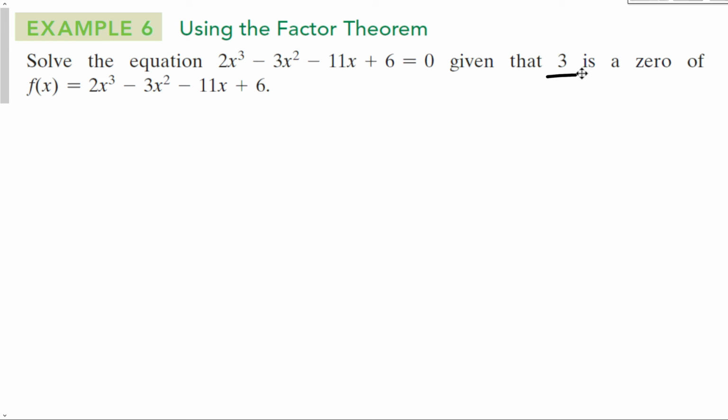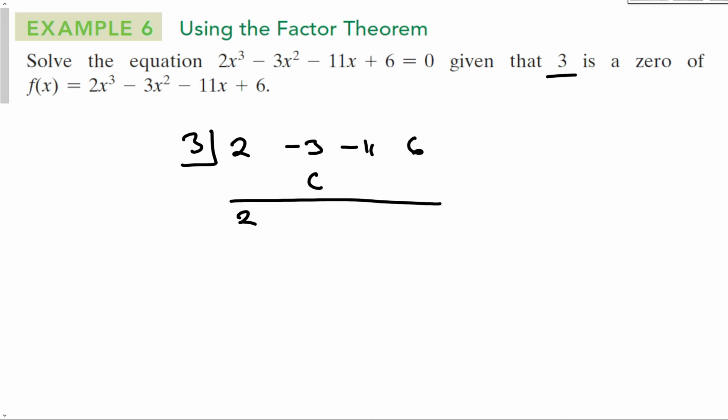We can factor out the x minus 3 using synthetic division, and then because the degree is going to go down by 1, I can then use quadratic techniques to factor the rest. Let's see what happens. So 3 is a 0. So we have 2, minus 3, minus 11, and 6 with synthetic division. I could try to use long division, but it would take much, much longer, which is why it's called long division.